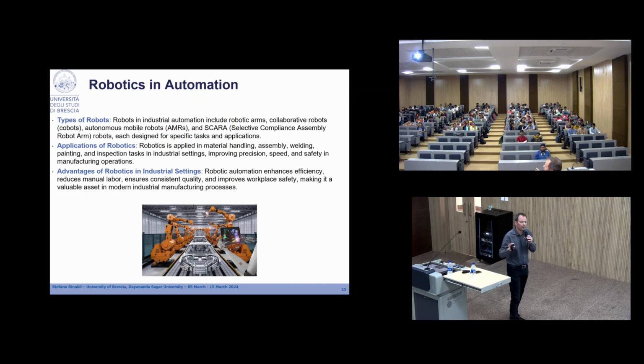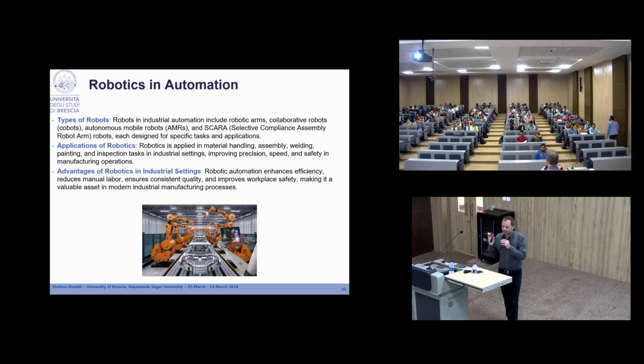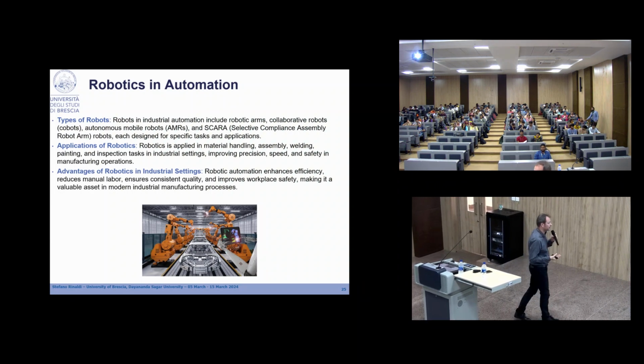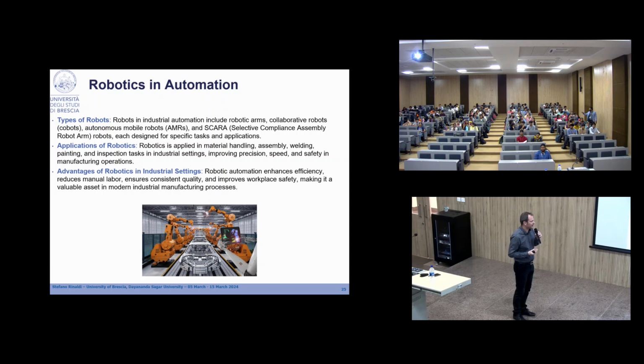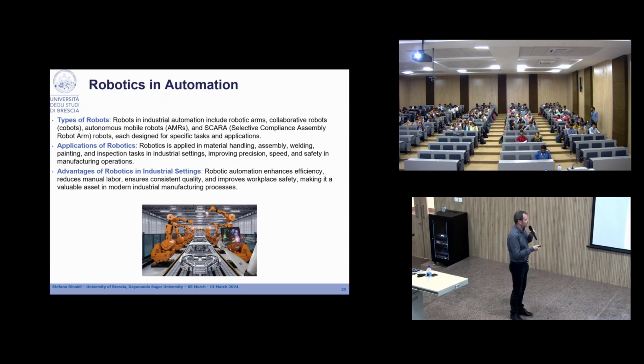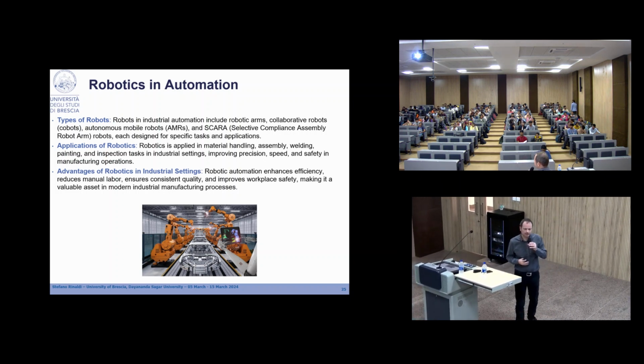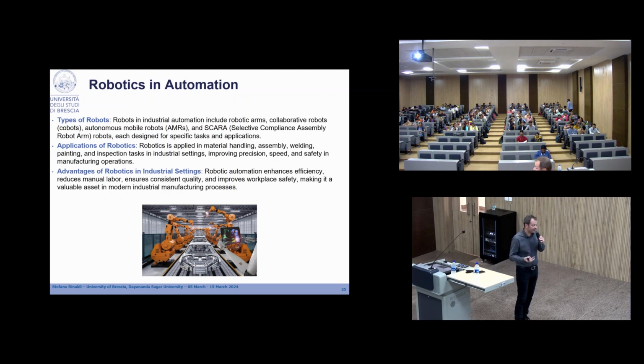So your question now could be, but in the picture I showed you before, I never speak about robots. What's the reason? Because robots, from the industrial automation point of view, are viewed as a sort of machine, a tool machine, and generally the robots and the integration of robots in the industrial plants are not an easy task.